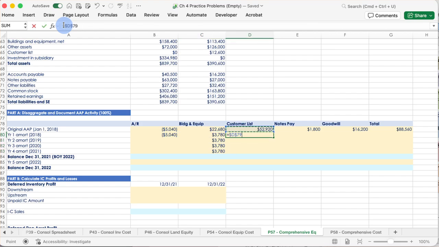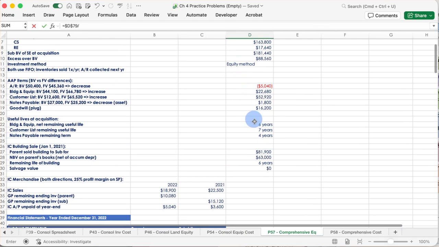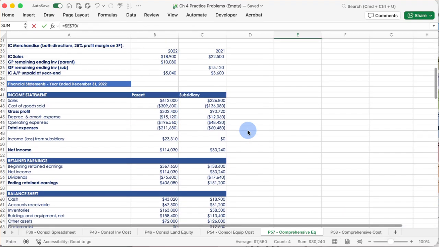And then we really just need to do the same process. So we'll divide this one by the 7 years presented here. Same thing again for our notes payable.